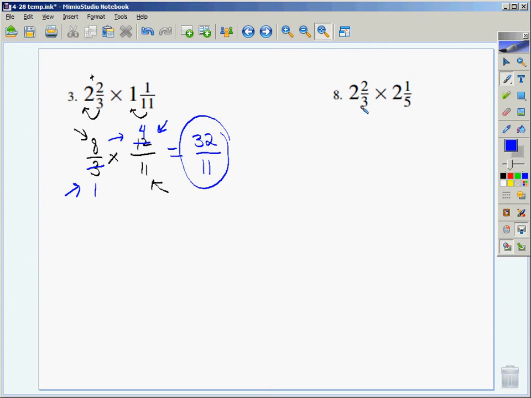The next example then, I'm going to change this to an improper fraction. We've seen this before. We actually did it right over here. It's 8 over 3 times 5 times 2 is 10 plus the 1 is 11.